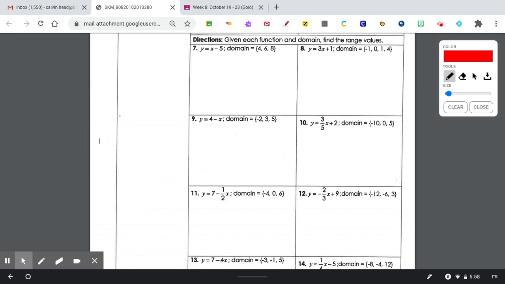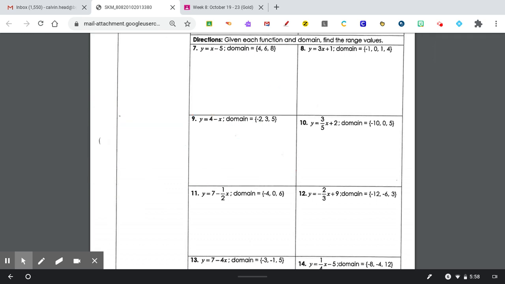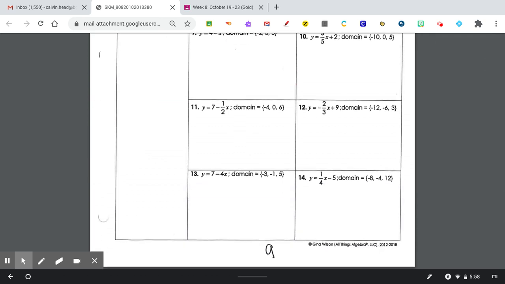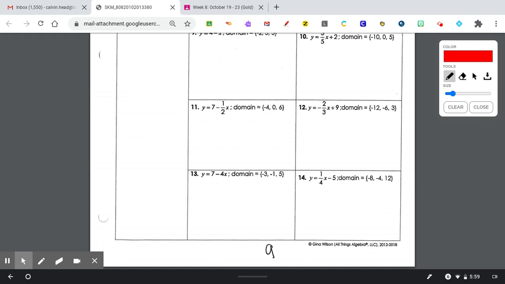Okay. So let's look at number 11 real quick. Got my X, my Y. So -4, 0, 6.